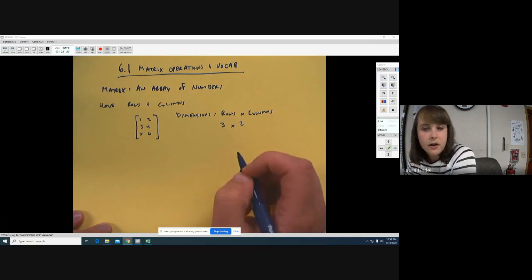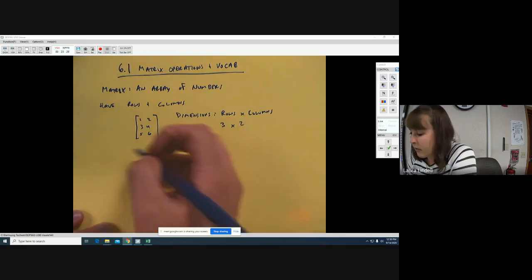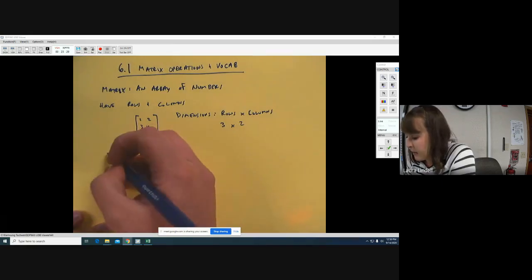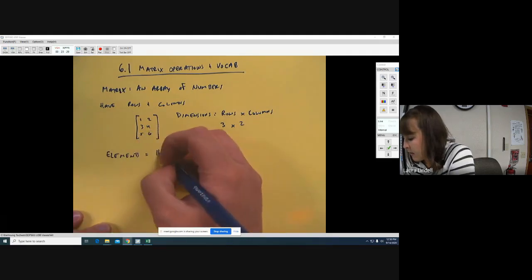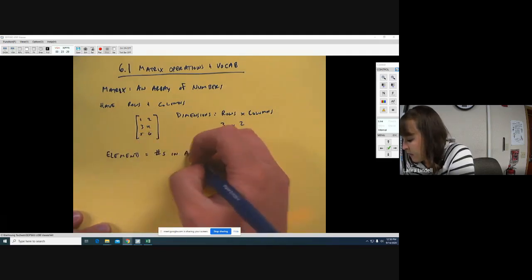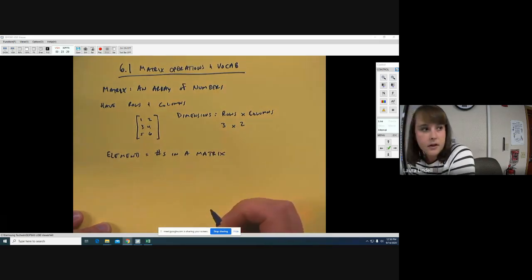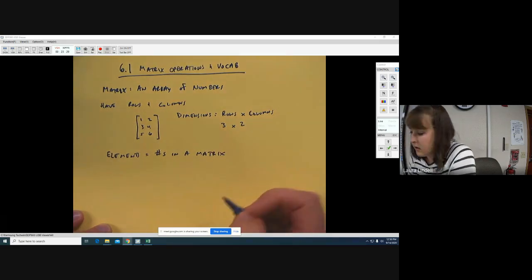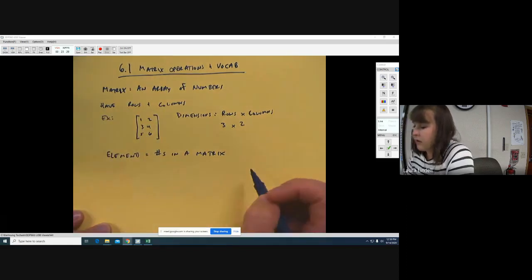You can also call out a specific number in a matrix. The numbers in a matrix are called elements. Okay.